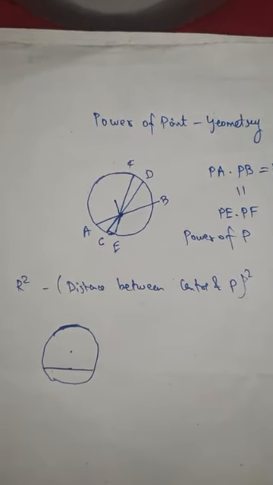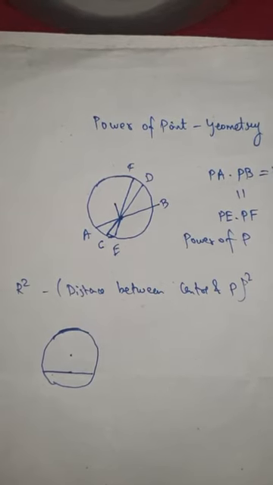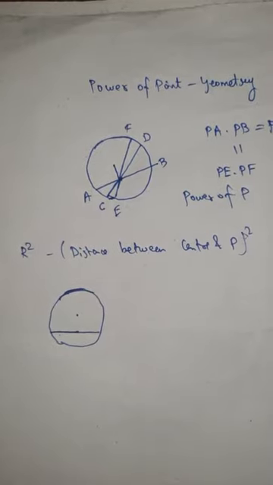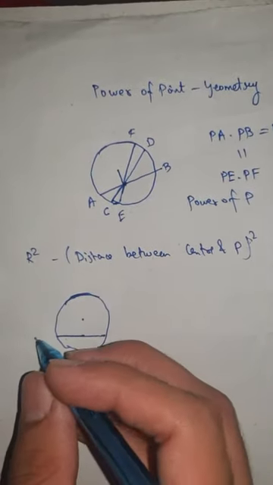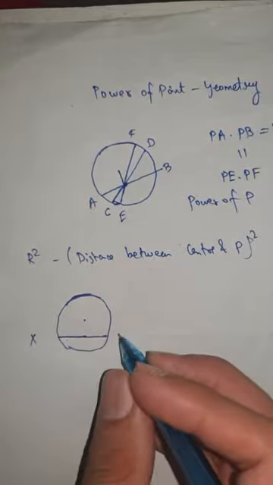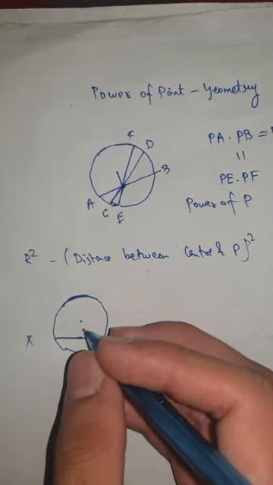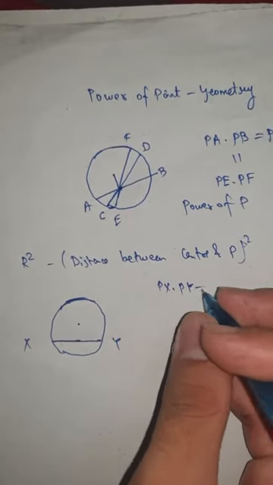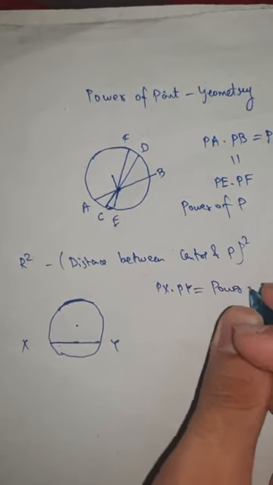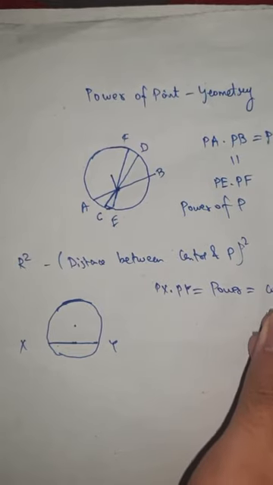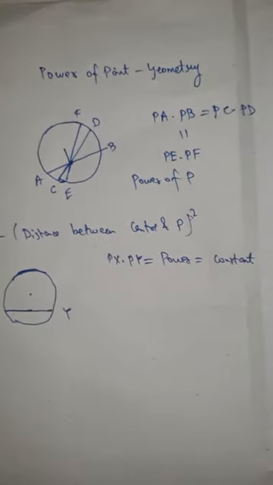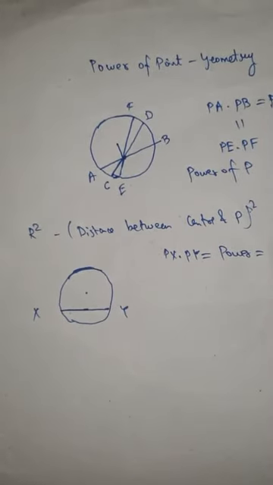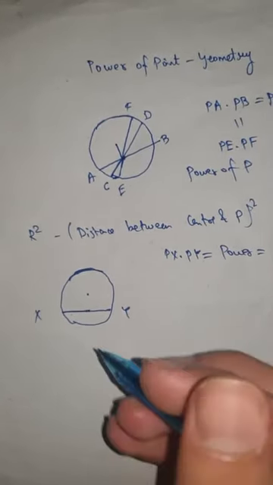Please pay attention here that there is only a unique chord which passes through P and whose midpoint is P. Suppose this chord cuts the circle at X and Y and P is the midpoint. So PX into PY is also the power of point P, which is a constant. And how can we calculate PX into PY?